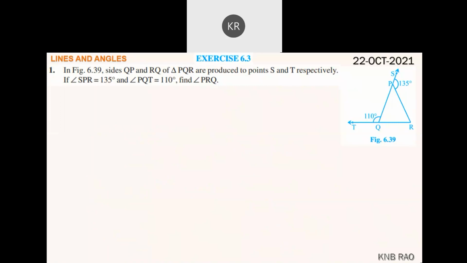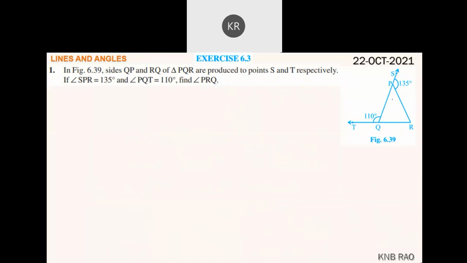In figure 6.39, sides QP and RQ of triangle PQR are produced to points S and T respectively. QP is produced to S, RQ produced to T, so exterior angles are given.